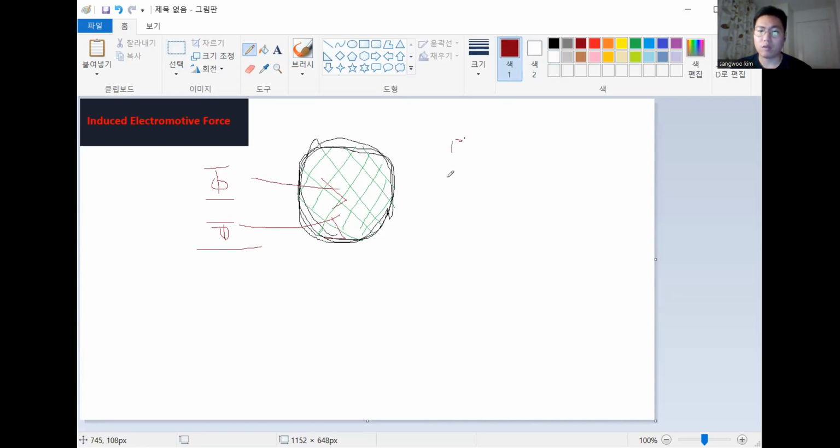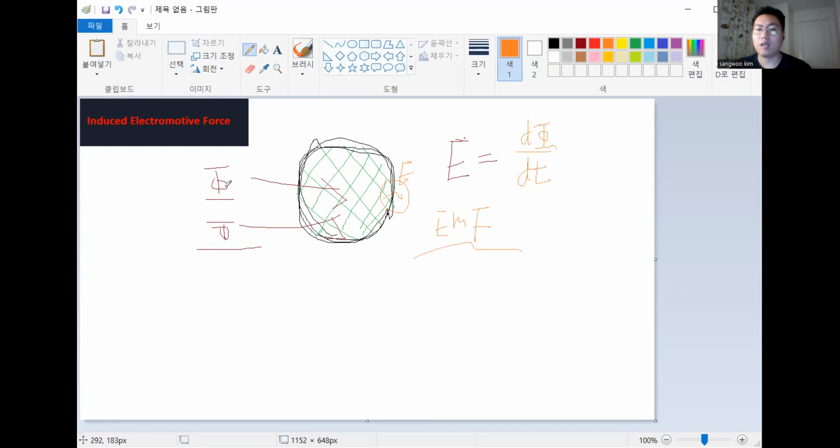Look at that. Here, E, right? E is induced when time goes by and the flux, the magnetic field, changes. EMF is induced.